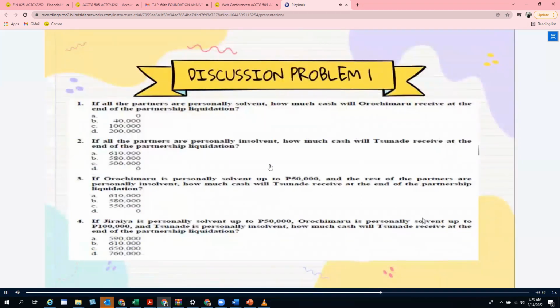Number 4: if Jairaya is personally solvent up to 50,000 pesos, Orochimaru is personally solvent up to 100,000, and Tsunade is personally insolvent, how much cash will Tsunade receive at the end of the partnership liquidation? So this one, they complicated it more. Lots of information as to solvency. So let's have problem number 4.